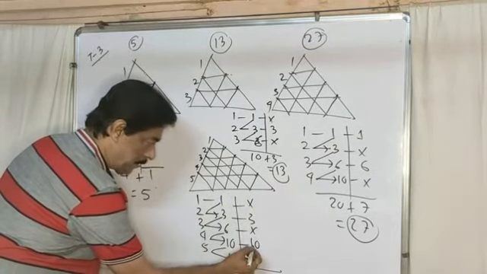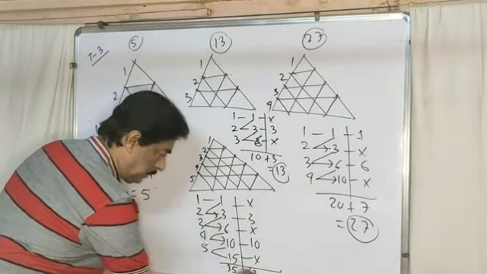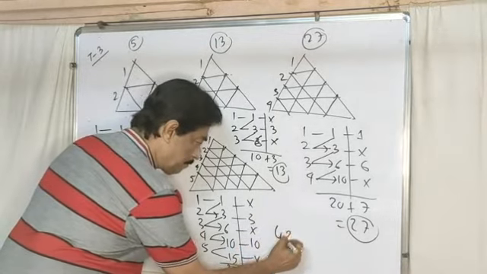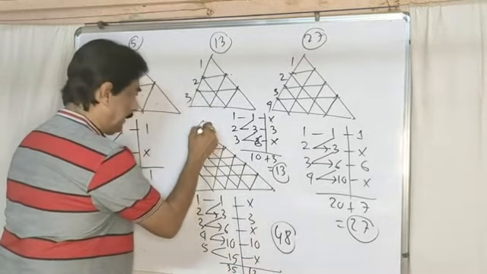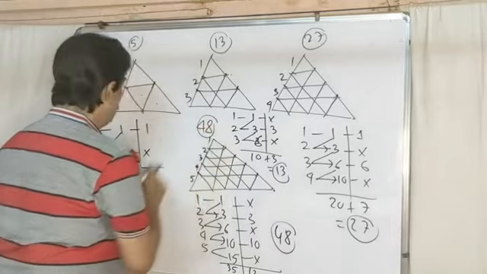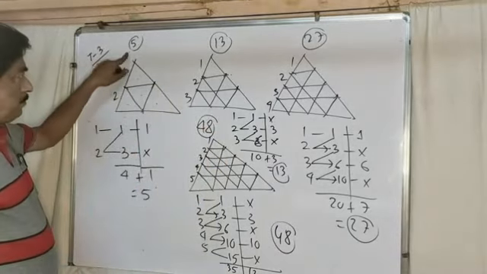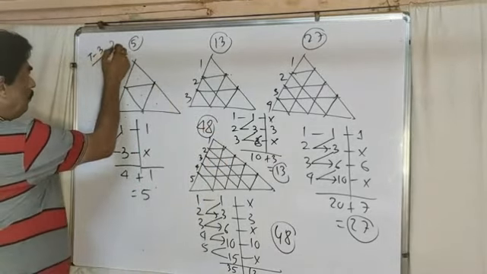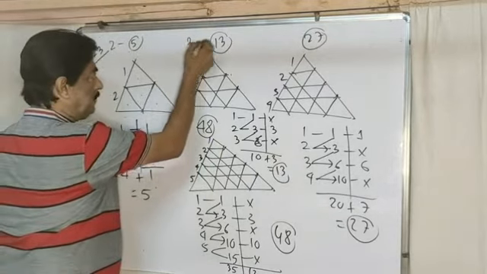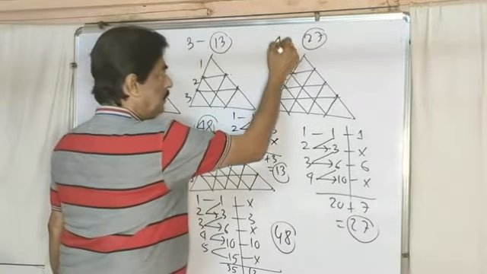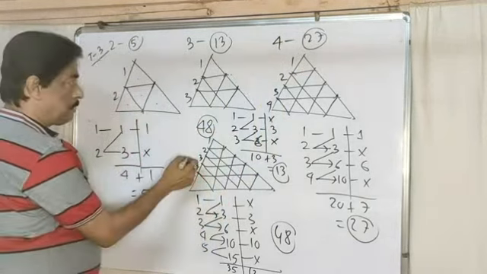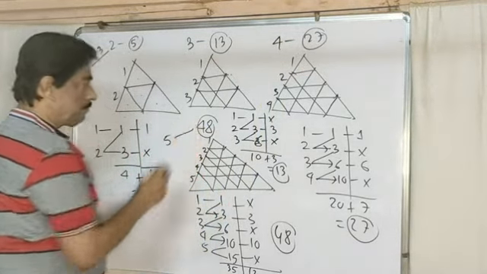And this is 13. So that is equal to 48. This case is 48. So remember from home: 2 sections 5, 3 sections 13, 4 sections 27 and 5 sections 48.